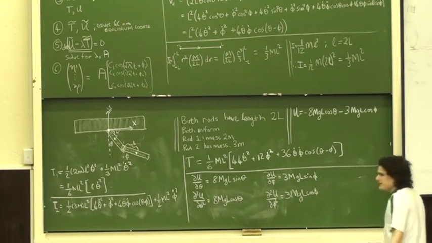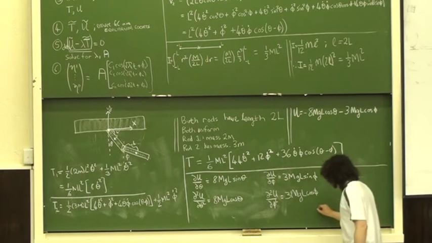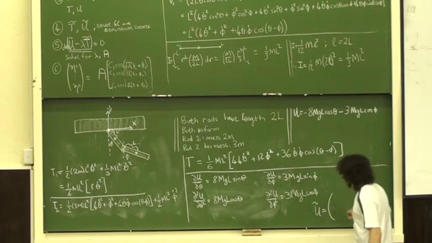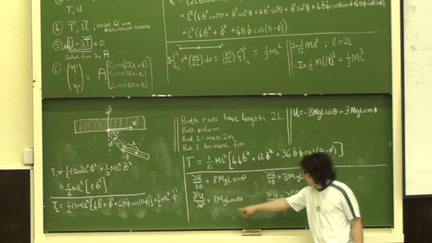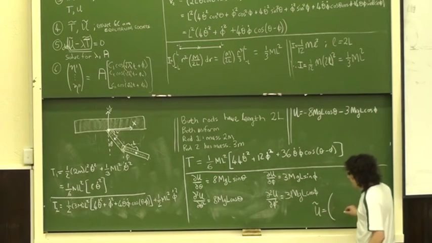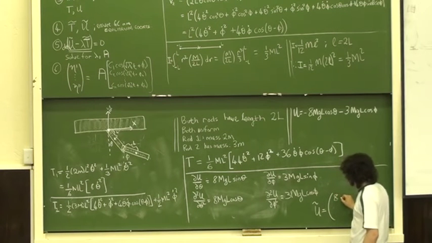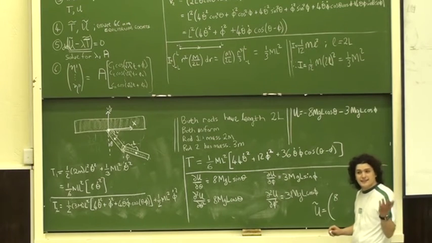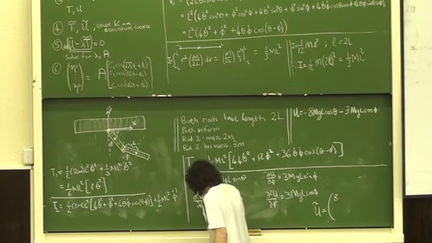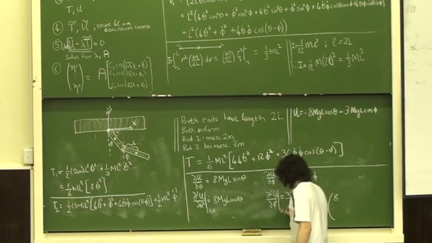And therefore I can immediately write down my Hessian matrix. It's already computed. U tilde is equal to this one and this one, the diagonals, and the other two are zeros. Oh, and I work it out at the equilibrium positions, so at 0, 0.